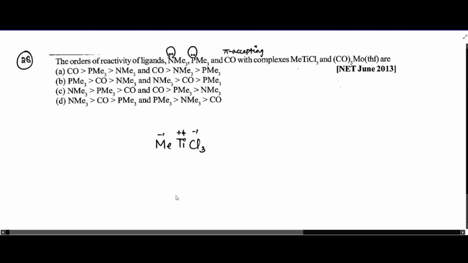For example, CO, NO, CN are all very strong pi acceptors. These pi acceptors will form bonds only with metals that are electron rich. Here the metal is electron deficient, so the chance of bond formation with carbon is very low. So among this set, you will choose the option where carbonyl is the least. Where is this? This one. See? So you can directly mark the option, option C.